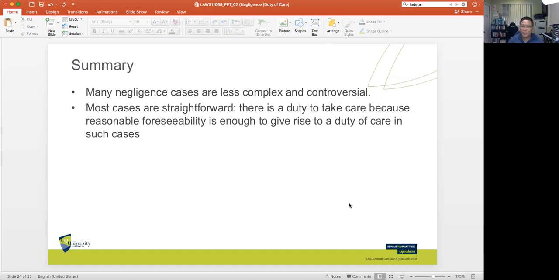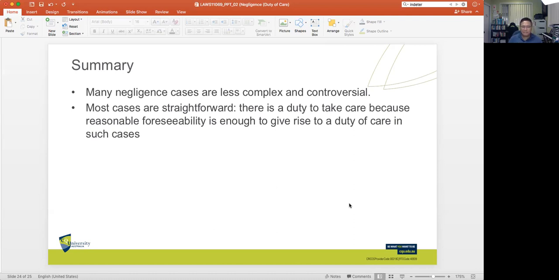So that's not really problematic. Even though we try to canvass the approaches towards issues of duty of care, in truth and in fact, many of the negligence cases are less complex and controversial. Most cases are in fact straightforward. There is a duty to take care because reasonable foreseeability is enough to give rise to a duty of care in such cases.